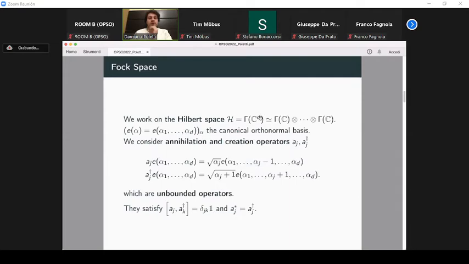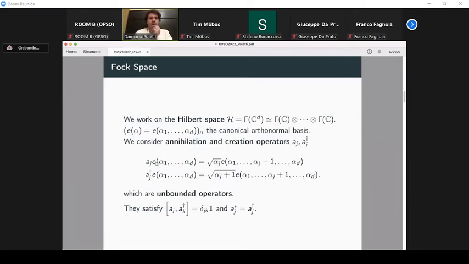So the dimension of the complex space enumerates the number of modes in the system, and we then have annihilation and creation operators, naturally introduced as the operators that annihilate or create a particle in a certain mode.